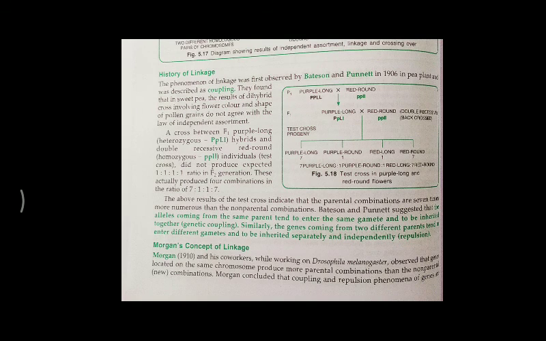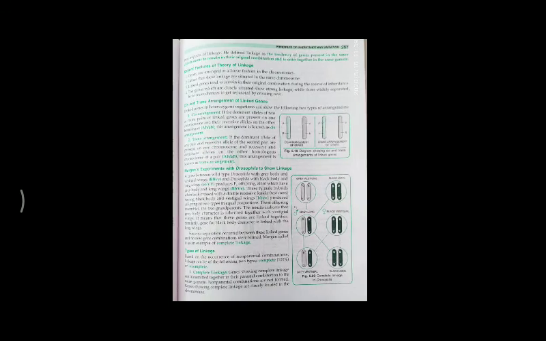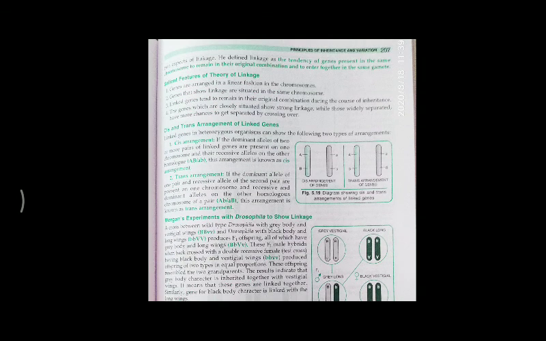Drosophila melanogaster, examined by Morgan, showed that genes located on the same chromosome produce more parental combinations than non-parental combinations. Morgan concluded that coupling and repulsion phenomena of genes are two aspects of linkage.